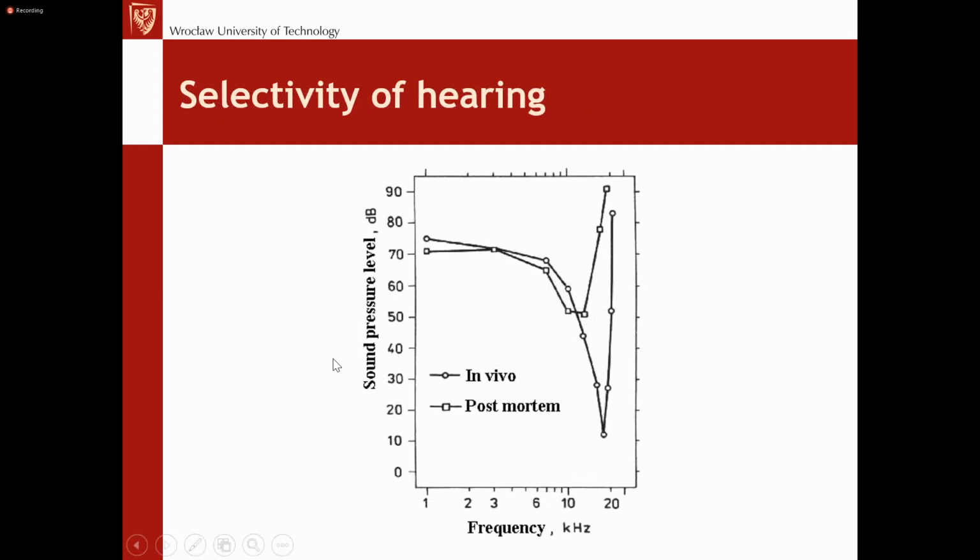You can observe that in a living organism we have a great selectivity in comparison to the dead organ. So post-mortem, we can find that the sound pressure which is necessary to make some act of hearing is worse by about 40 decibels.